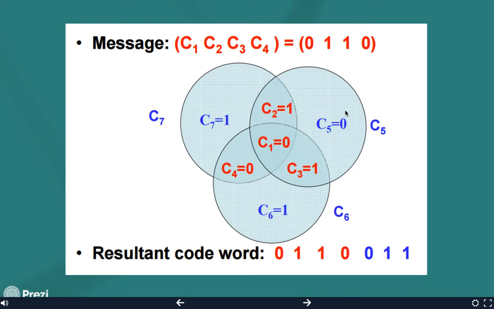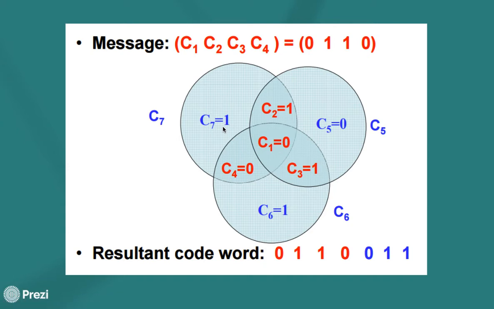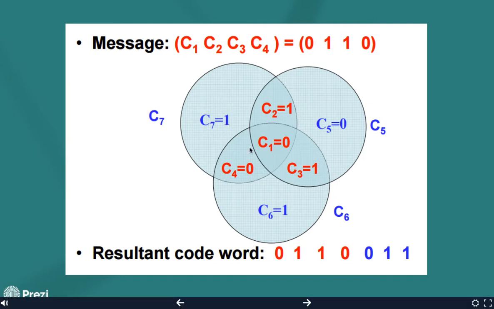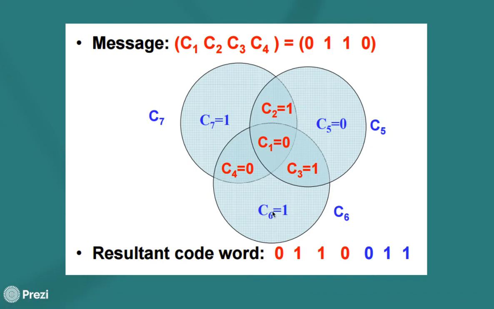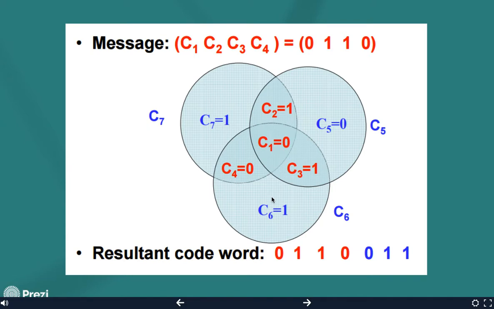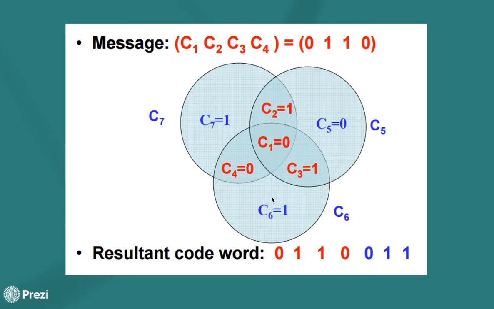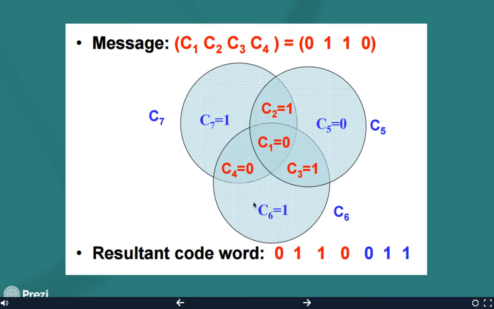For the circle on the left, C1 is 0, C2 is 1, C4 is 0. So here we have only one 1, so we need to add another 1 to make it even parity. So C7 is 1. On the circle at the bottom, we have C1 is 0, C3 is 1, C4 is 0. So C6 will be 1 to make it even parity.